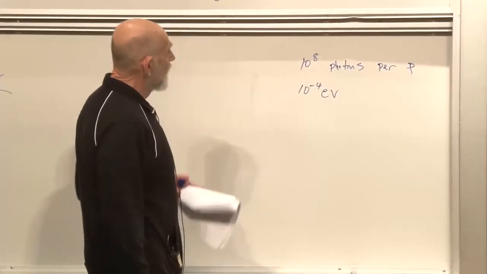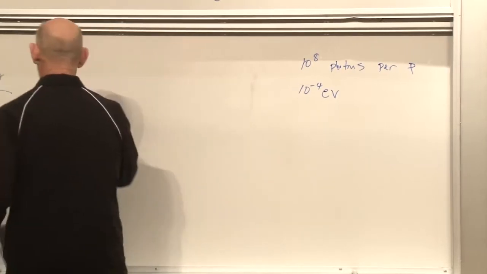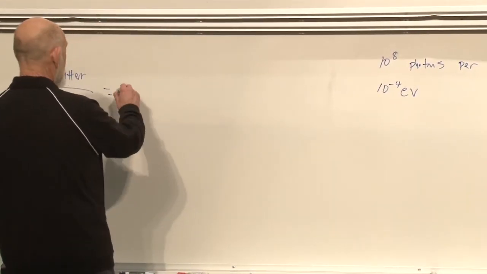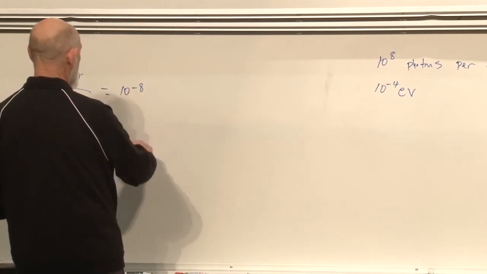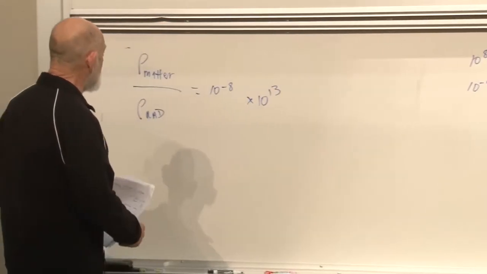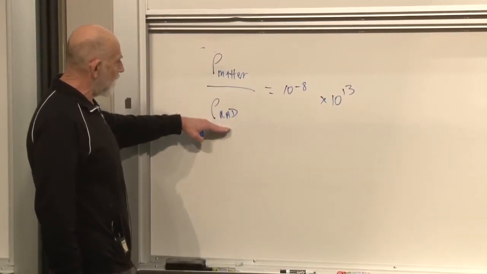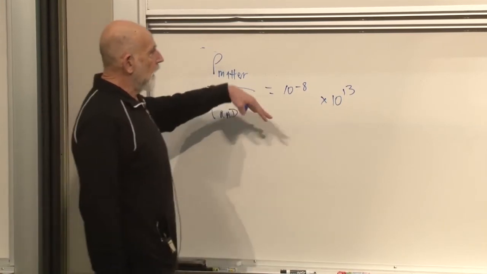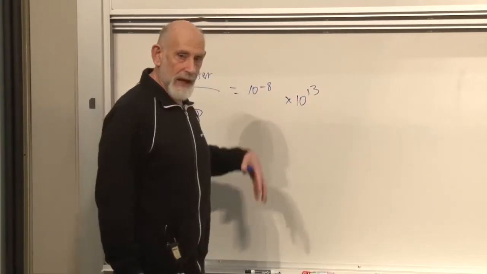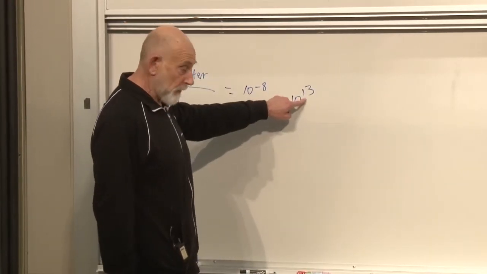So there's a factor of 10 to the minus 8th times, I guess, 10 to the 13th. 10 to the minus 8th is the ratio of the number of protons to the number of photons, and then 10 to the 13th is the ratio of the energy per proton to the energy per photon.